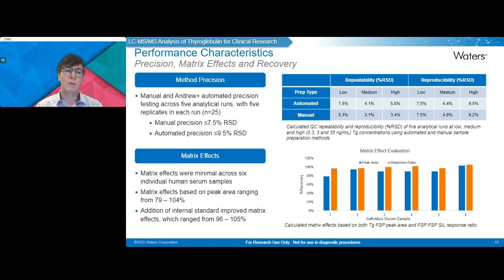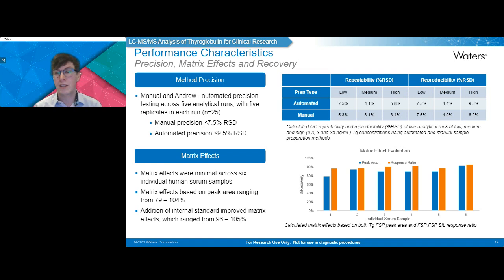What we can see is the manual precision is in the same ballpark as the automated precision. Manually we're seeing less than 7.5% RSD across the concentrations, that's at 0.3, 3 and 35 nanograms per mil of thyroglobulin, and then less than or equal to 9.5% for the automation.